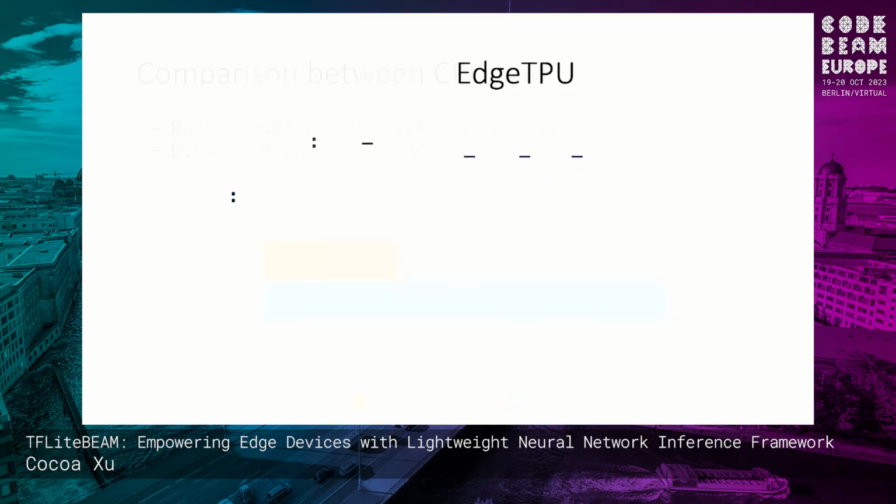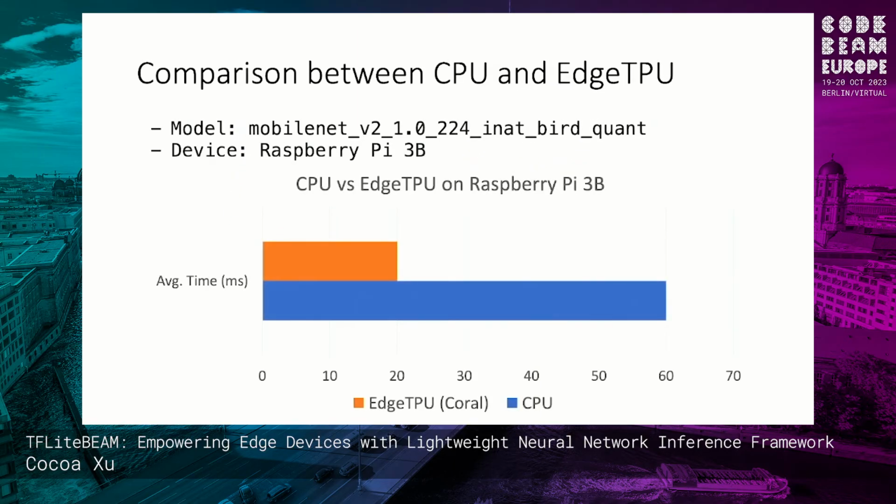For comparison, here is a simple comparison using CPU and Edge TPU. The device I'm using is a Raspberry Pi 3B. When using CPU, it's about 60 milliseconds per frame. However, when using Edge TPU, it's about 20 milliseconds per frame.